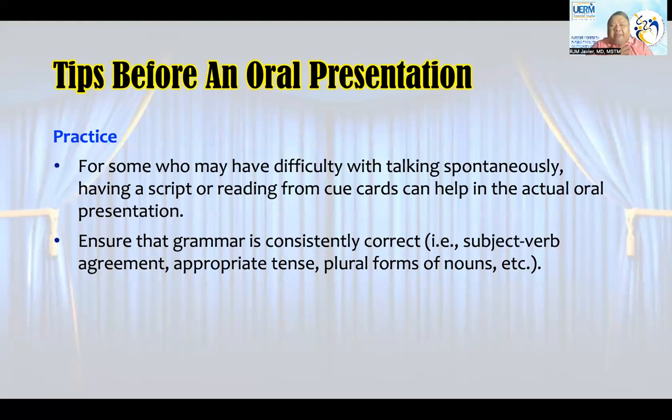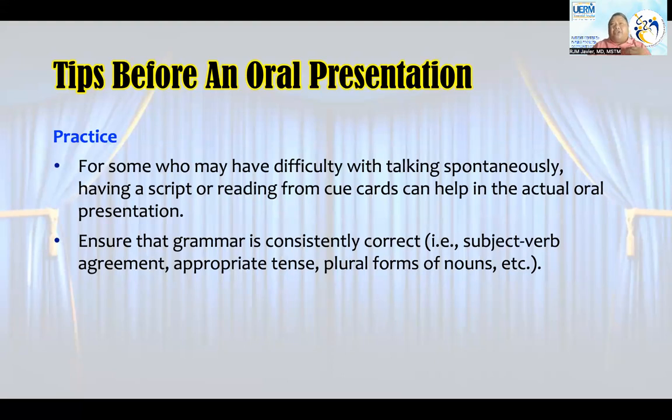However, for us Filipinos, who are very fluent in English, or who recognize English as the second most common medium of instruction in the country, you want to ensure that the grammar is consistently correct. As a grammar Nazi, I would prefer that there would be proper subject-verb agreement and appropriate use of tenses.